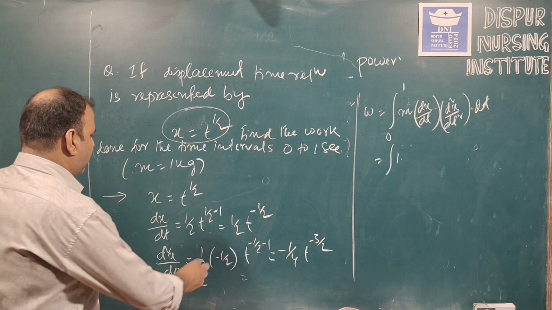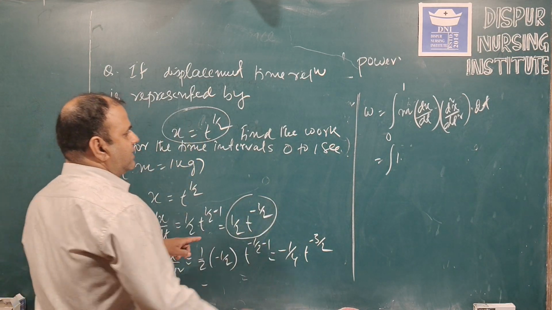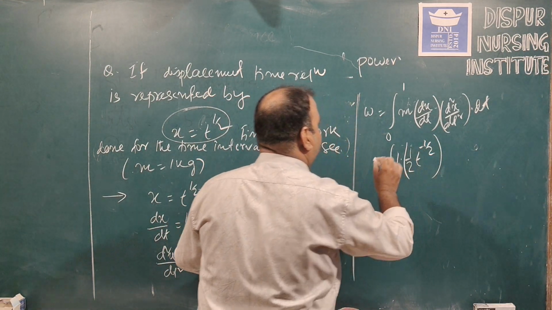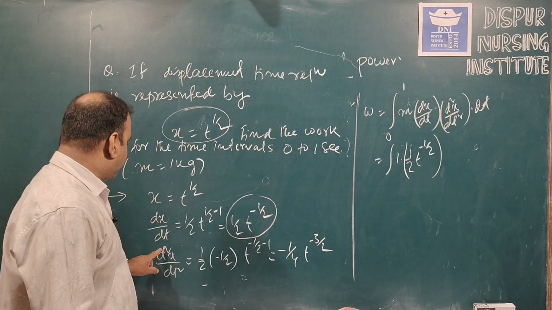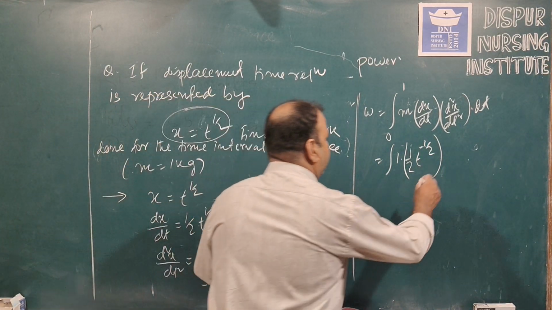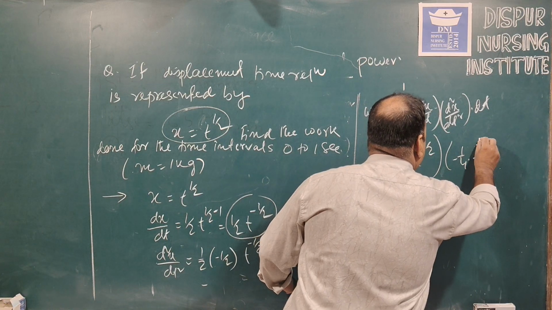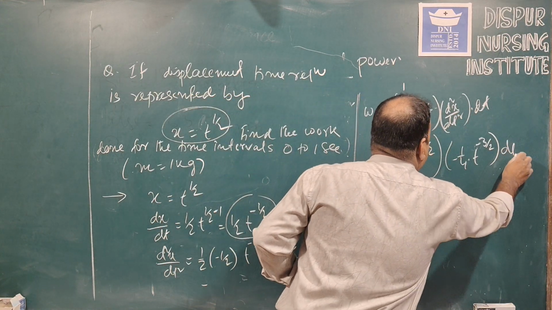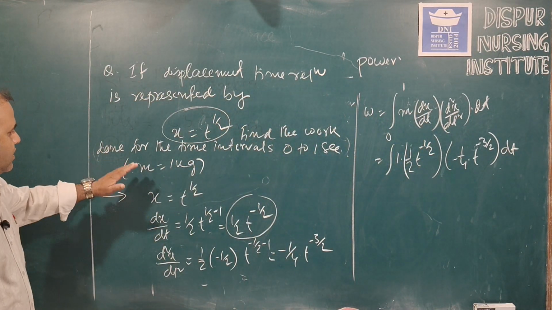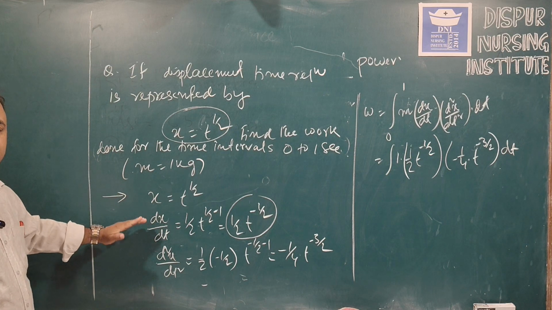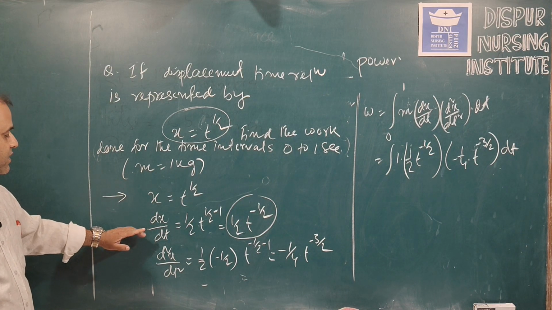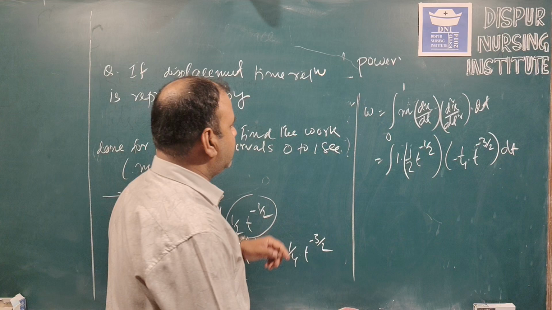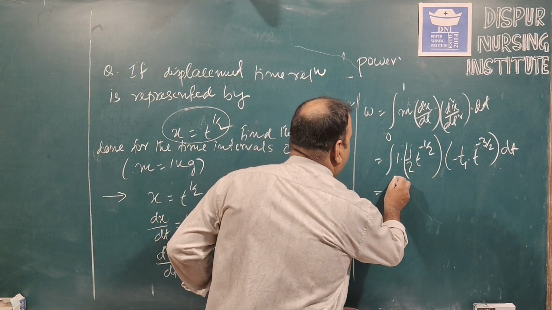The value of dx by dt is half into t to the power minus half, and the value of d square x by dt square is minus 1 by 4 t to the power minus 3 by 2, and then dt. So from the given relation, at first you have to do the first differentiation, which gives the velocity, and the second differentiation gives the acceleration.